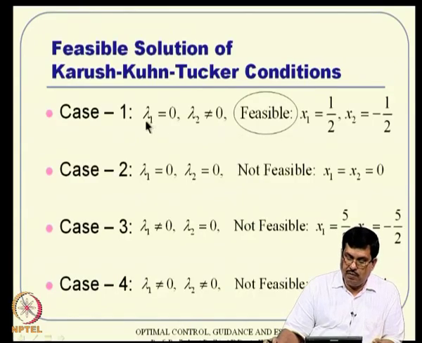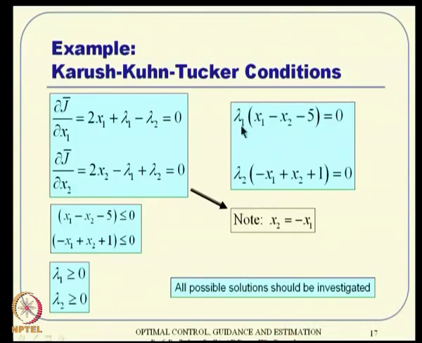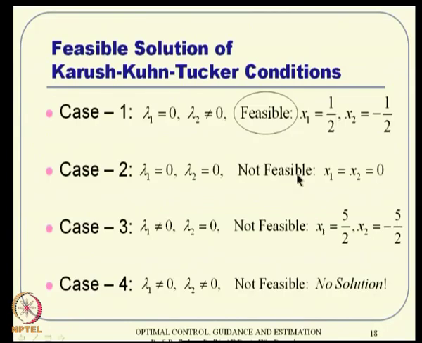Either lambda 1 equal to 0 and lambda 2 not 0, or lambda 1 0 and lambda 2 0, that is also a possibility, and lambda 1 not 0 and lambda 2 0 is a possibility, and both of them being not 0 is also a possibility. In that case, if both of them are not 0, then these two have to be equal to 0 either way. Now, in those situations you go ahead and solve and find out that in this particular case this is the solution, in that particular case that is the solution, things like that.